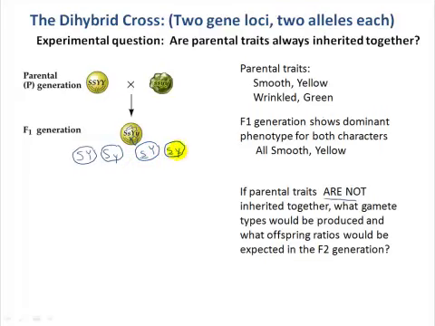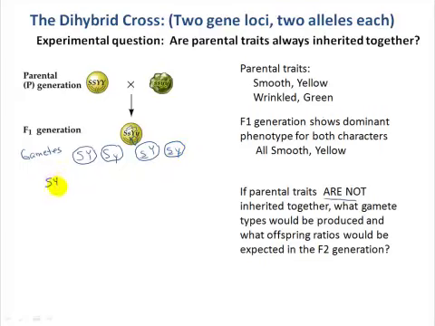So if they don't always go together, dominant, dominant, recessive, recessive, they can assort independently, then we expect these F1 generation plants to be able to produce not 2 but 4 gamete types, right?